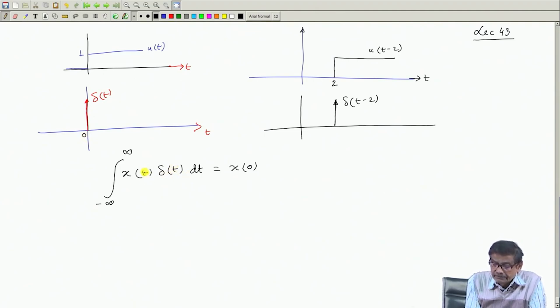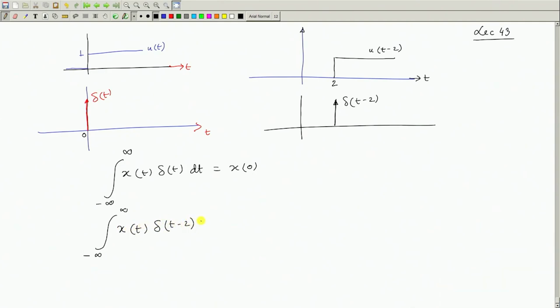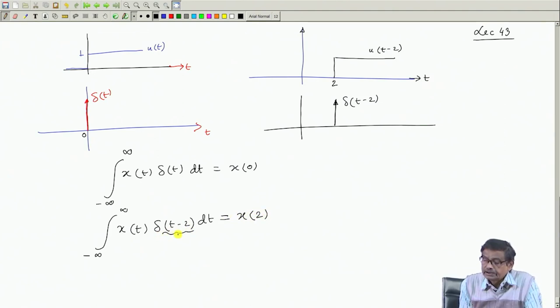Similarly, if you integrate x t into delta t minus 2 from minus infinity to infinity, it will fish out the value of the function at t equal to 2, it will be x 2. So, you have to examine where this delta function is situated, and if it is multiplied with any other general function x t, the corresponding values of x can be found out.